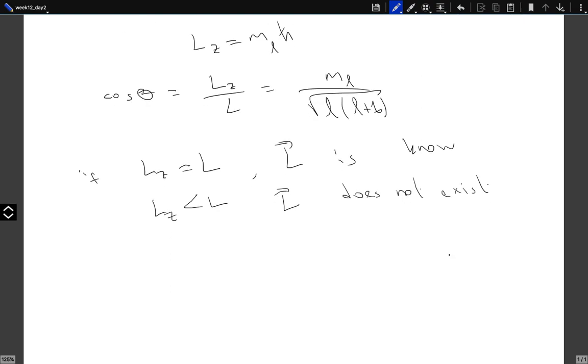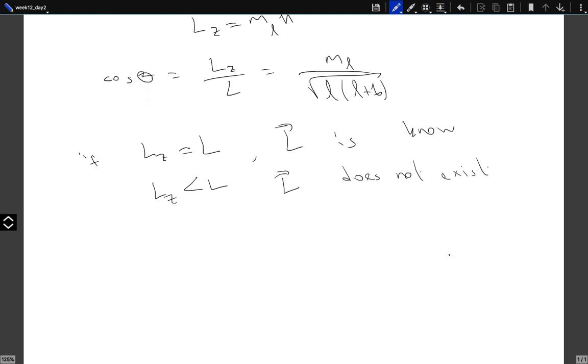And this is consistent with the uncertainty relation, delta X, delta P should be larger than or equal to h bar over 2. Basically, if the angular momentum direction was fixed somehow, due to angular momentum conservation, we knew that the electron should be moving in a plane only. So we definitely know the position in the perpendicular dimension.